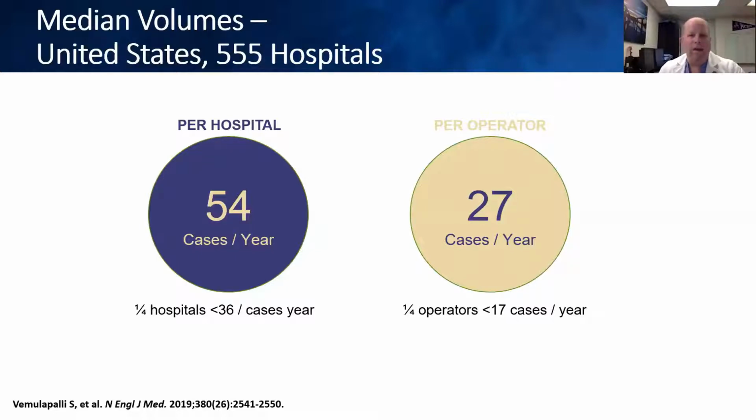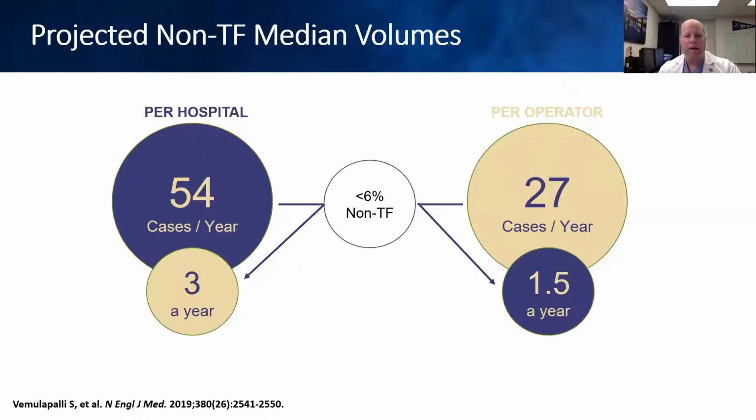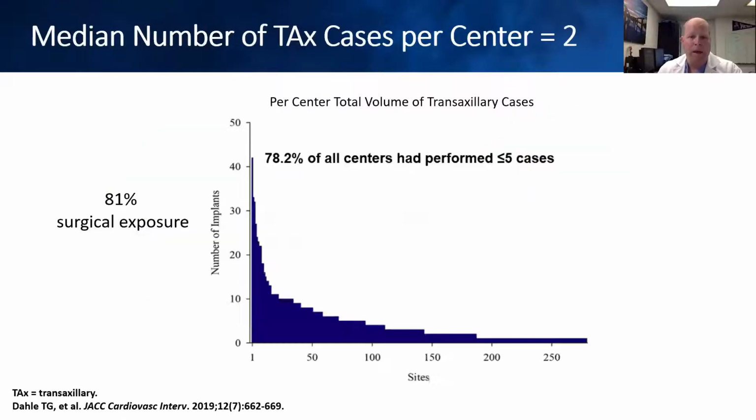Now, if you overlay on top of that 6% non-femoral access rate, you end up with a per hospital median volume of non-femoral cases of 3, and a per operator non-femoral case load of 1.5 non-femoral cases per operator per year. It's a really low number.